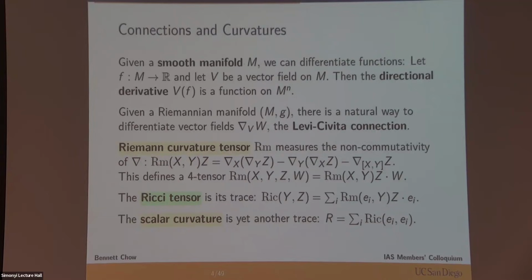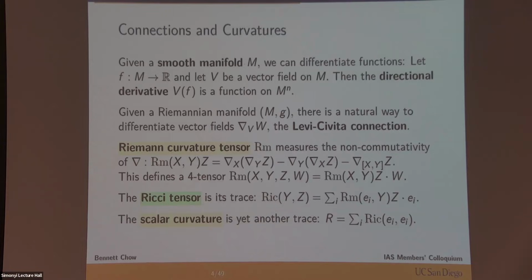On a smooth manifold, we can differentiate functions, but we can't, in general, differentiate vector fields in a natural way. That changes when we're on a Riemannian manifold. We have the Levi-Civita connection, which is a linear connection that's torsion-free and compatible with the metric. Since we have a connection, we can define a curvature tensor, in this case called the Riemann curvature tensor.